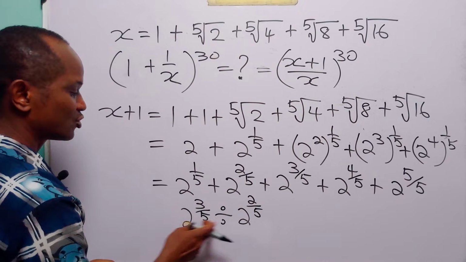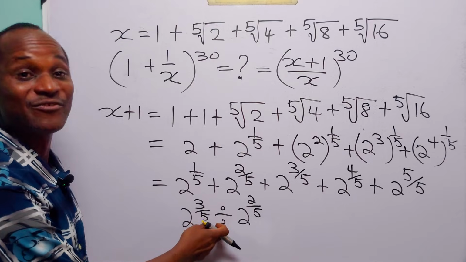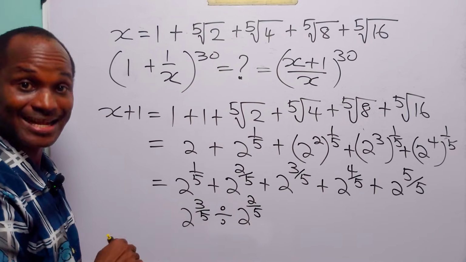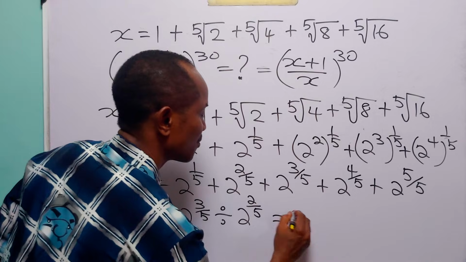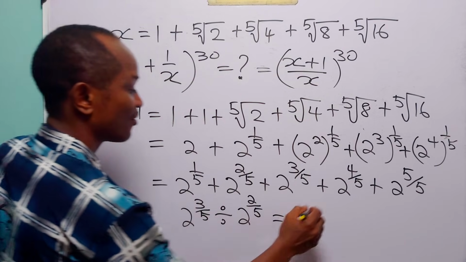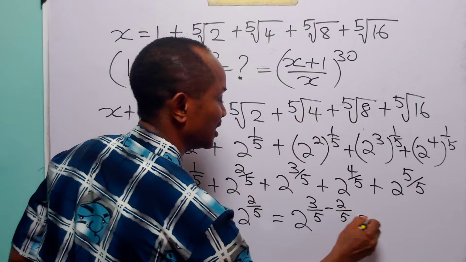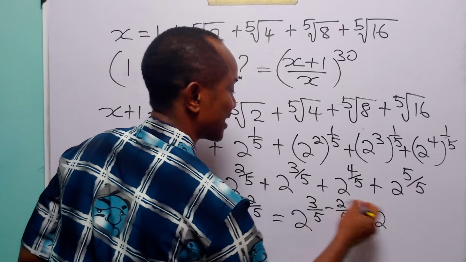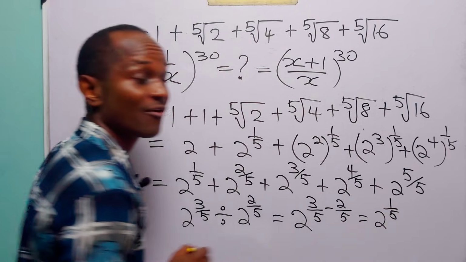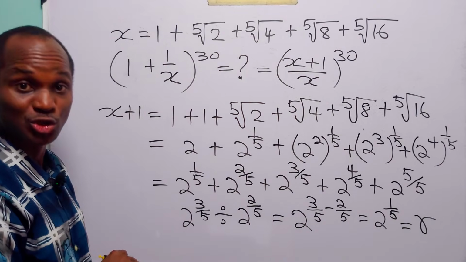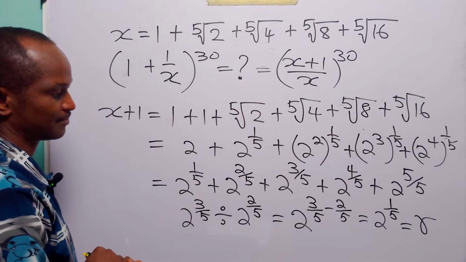Now remember that when two numbers with the same base divide themselves, all we have to do is subtract their exponents. So this is equal to 2 to the power 3/5 minus 2/5. That is 2 to the power (3 minus 2) over 5, which is 1/5. So this is the common ratio r of the geometric series.